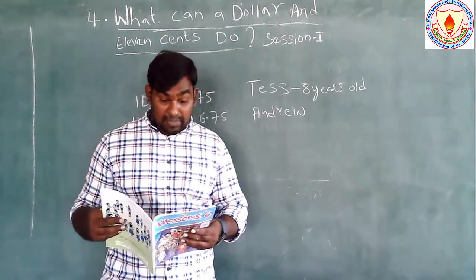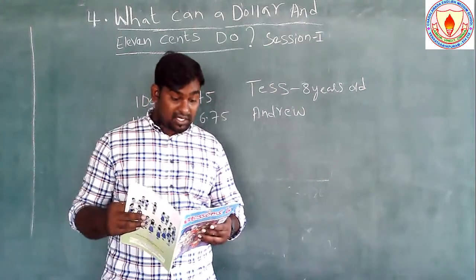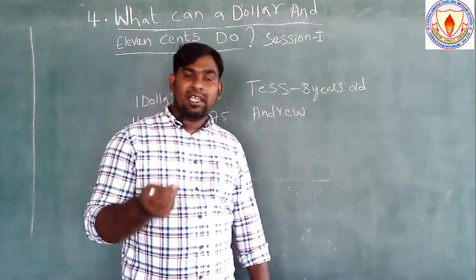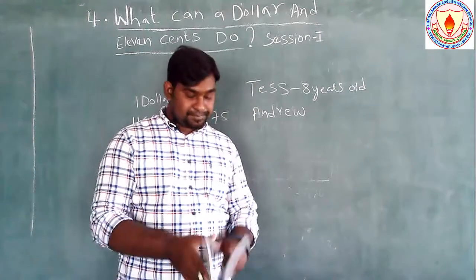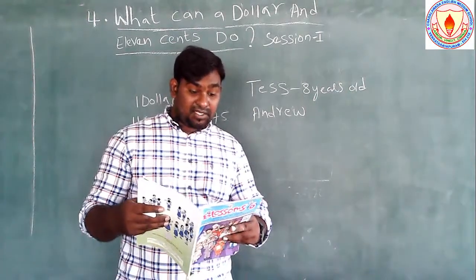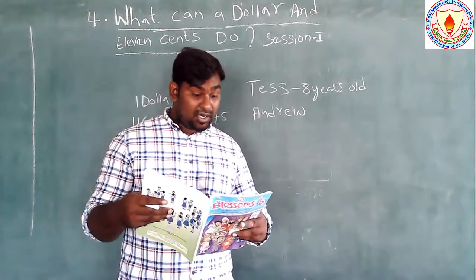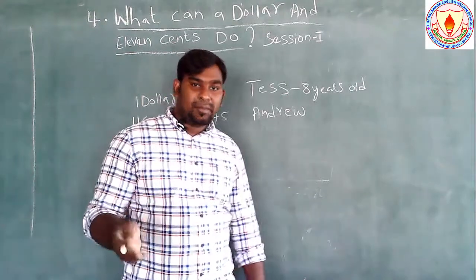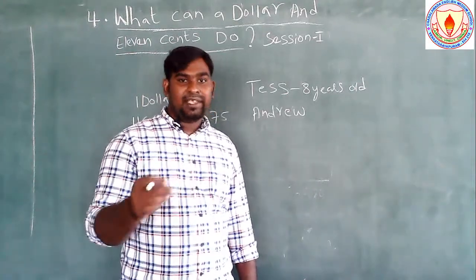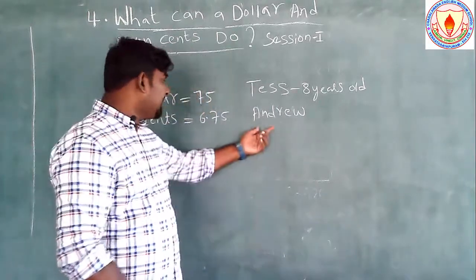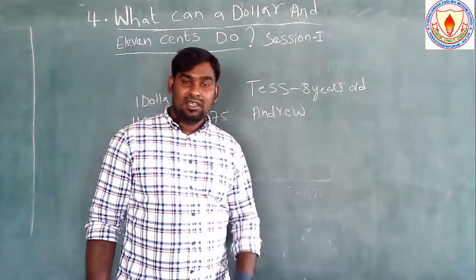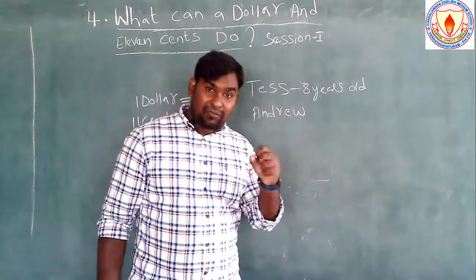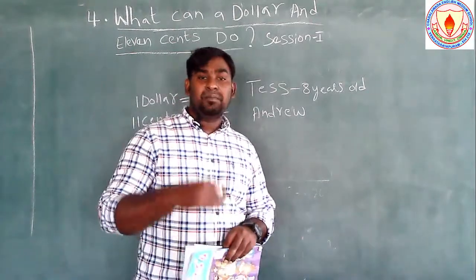One day, Tess heard her parents talking about her little brother Andrew. They were privately talking about him. All she knew was that Andrew was very sick and her parents did not have enough money for the treatment. Tess understood that her brother was not feeling well, and her parents did not have enough money to get him treated in the hospital.